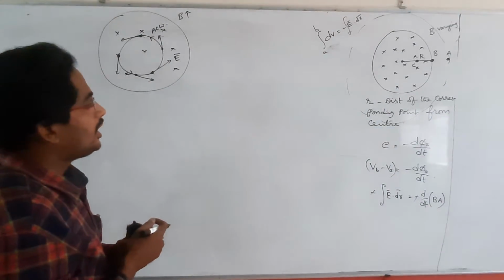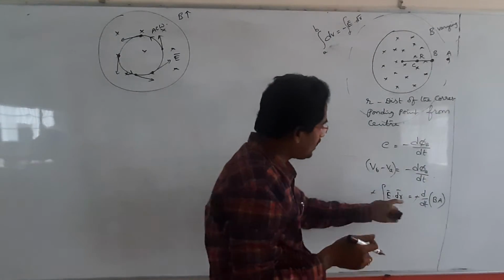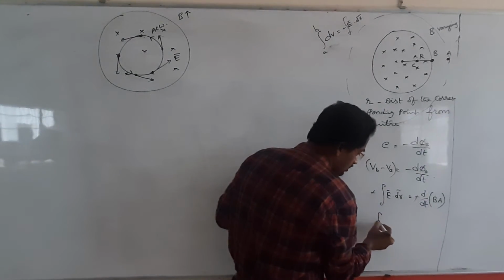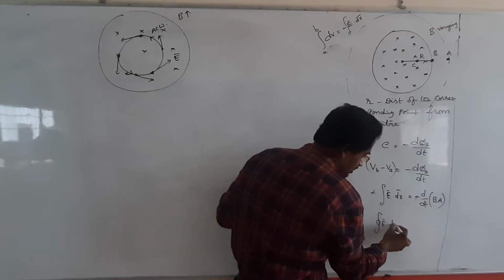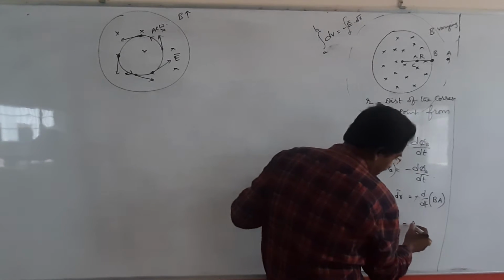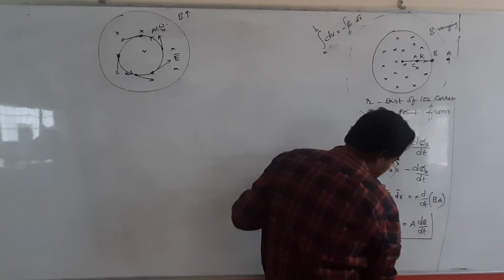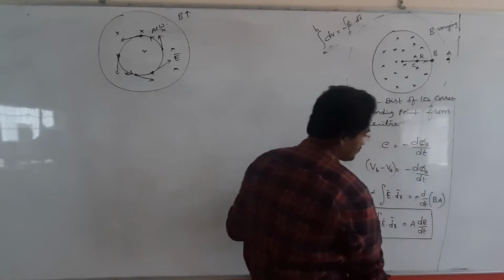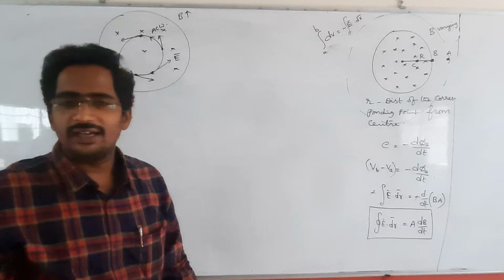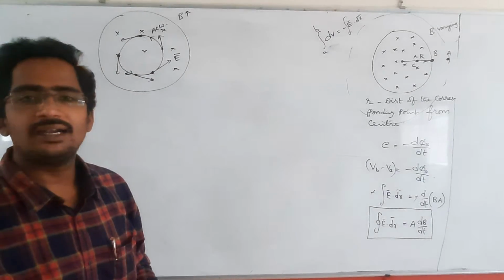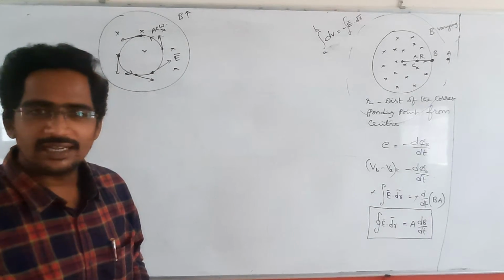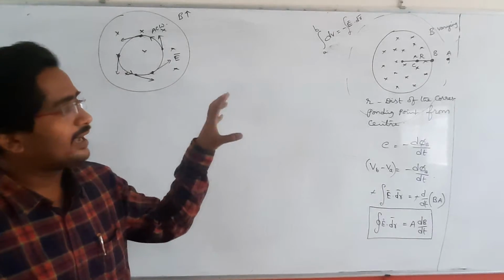Now, actually integral E bar dot dr bar equals A into dB by dt. This is the formula we apply everywhere we need to find electric field intensity due to a varying magnetic field.